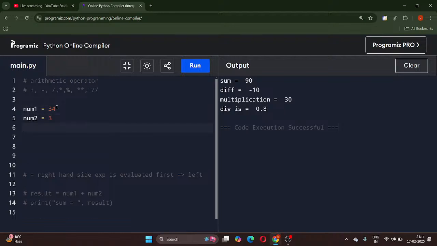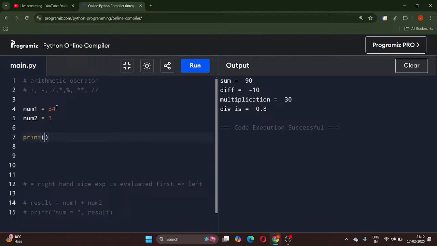Now if we divide these two values, what will happen? Let us see the result. I'm saying divide num1 by num2, and let us run this. So you are getting the result as 11.3334, right? This is the result that you're getting.